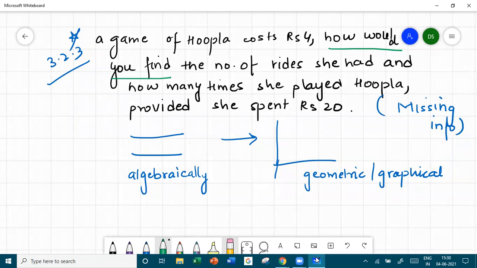Okay, if each, okay, again they have missed something in the question.